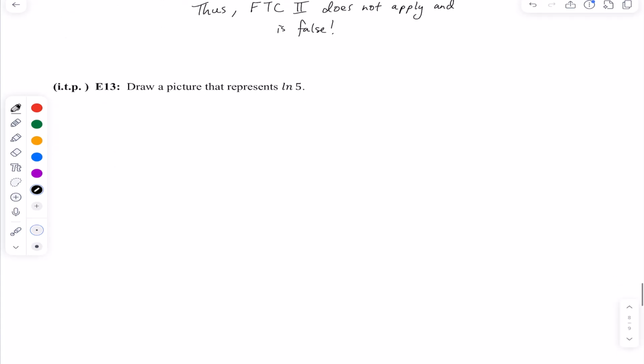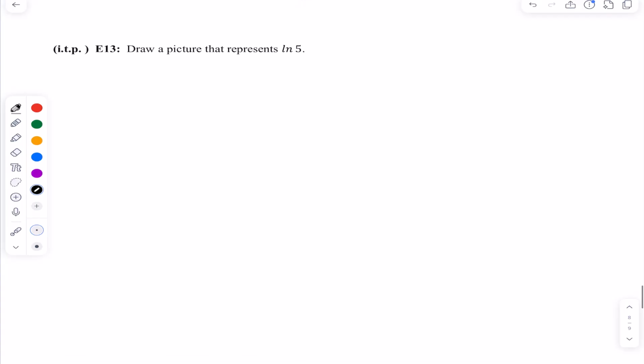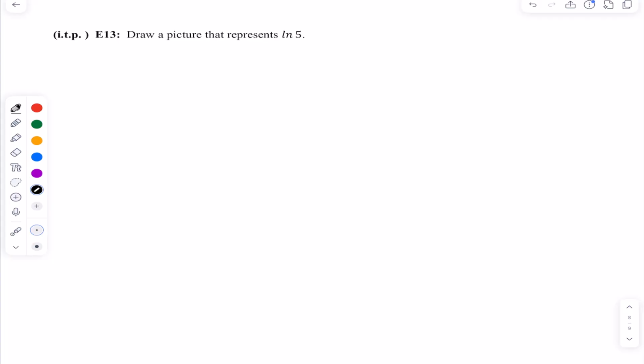Can you draw a picture that represents the natural log of 5? Now, if you don't want to see the answer, make sure you pause the video and look away.